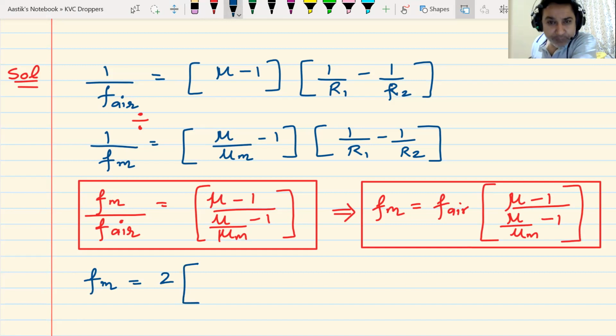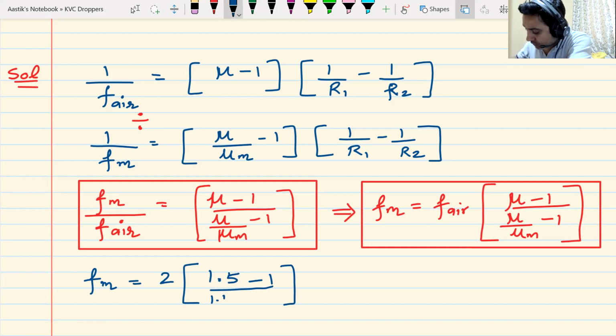Multiplied by mu, which is the refractive index of glass or the lens, that is given as 1.5, yes or no? Yes, sir. 1.5 minus 1 divided by 1.5 divided by 1.25 minus 1. You just need to solve this thing. It is not as complicated as it is looking like.